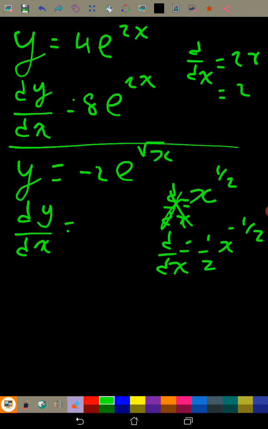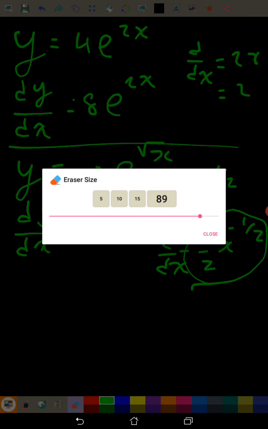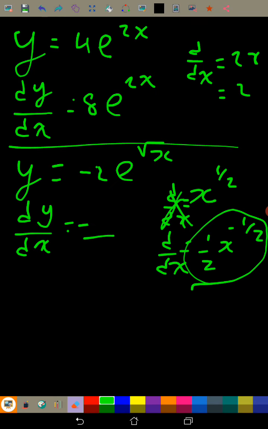So if we multiply by minus half, at the bottom I need 1 here and x root here, and then we have e. Right, that's correct.